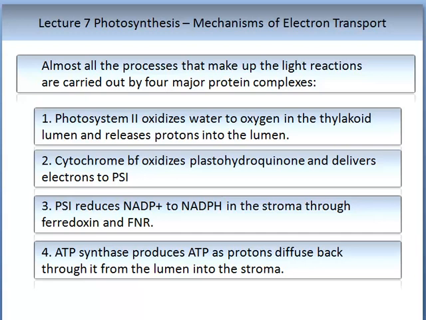The cytochrome b6f oxidizes plastohydroquinone and delivers electrons to photosystem 1. Photosystem 1 reduces NADP+ to NADPH in the stroma through the ferredoxin and FNR complex. ATP synthase produces ATP as protons diffuse back from the lumen into the stroma.